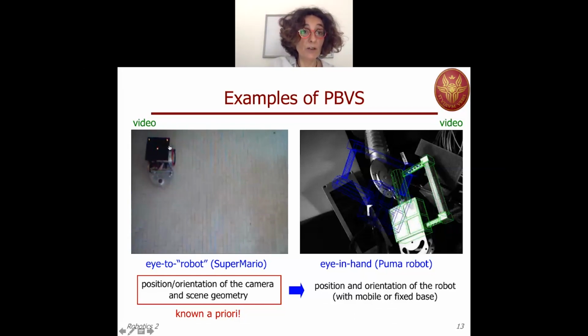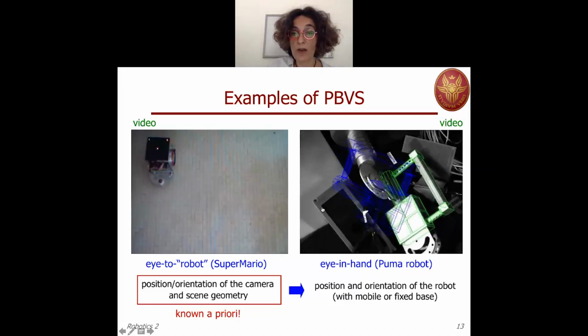Based on the position in the image of these three points, and on the position, orientation and geometry of where the camera is positioned with respect to the environment, it is possible to reconstruct the pose, position and orientation in the plane in this case, of the robot that we want to control using visual information.